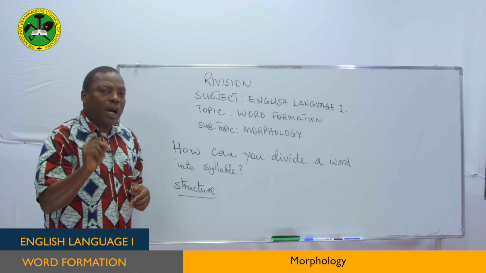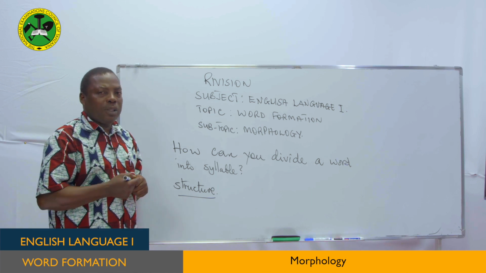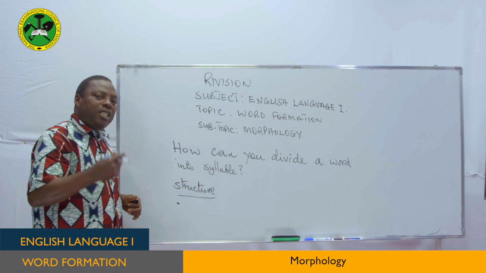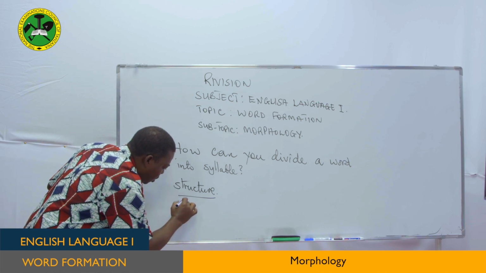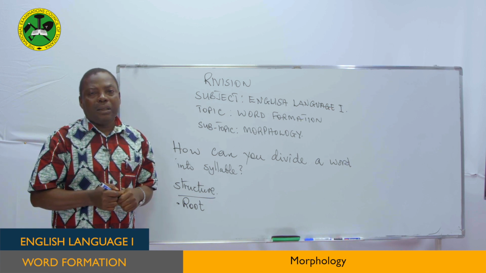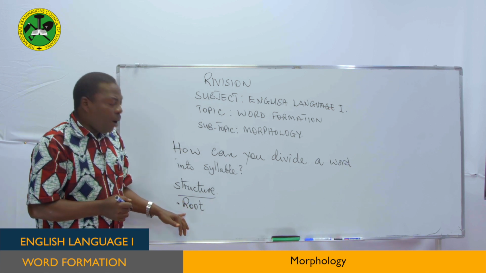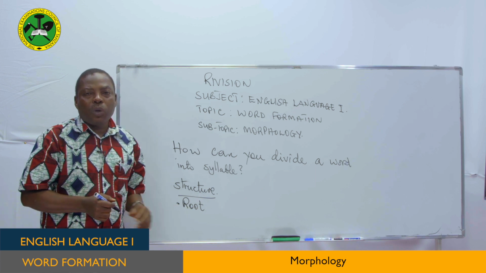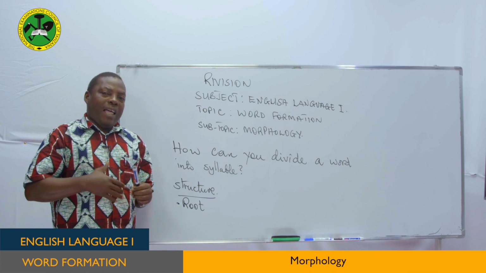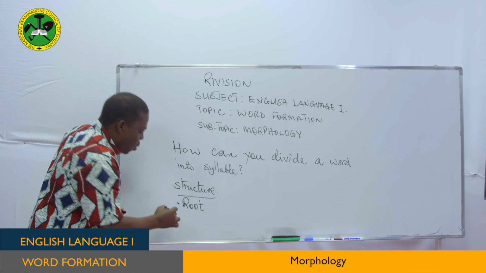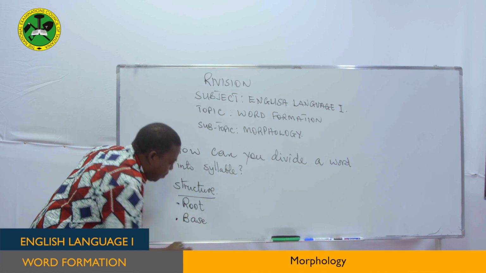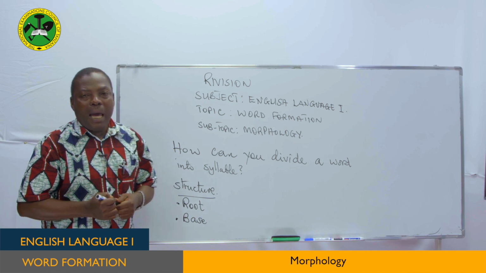In understanding the structure of a word in a language, we need to know how the word is built. From the way a word is built, you will never run away from understanding what a root is. And then after root, we'll see something bigger than it, which is a base.